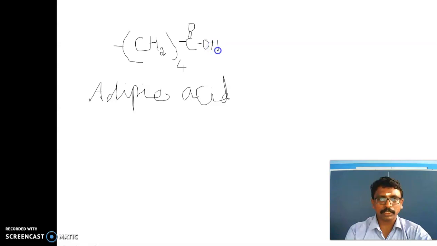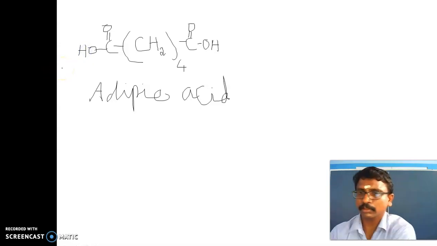So here also C double bond O OH. So this is the formula for adipic acid.